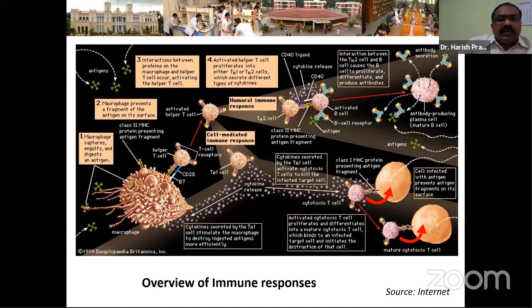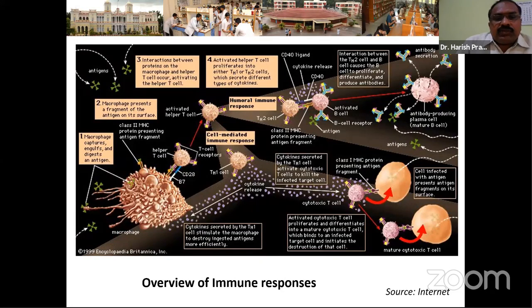When the T cell proliferates into T helper 1 or T helper 2 cells, they also secrete a lot of cytokines. Here the crosstalk happens between the macrophage and T helper cells, and in return more and more are produced, and proliferation occurs.